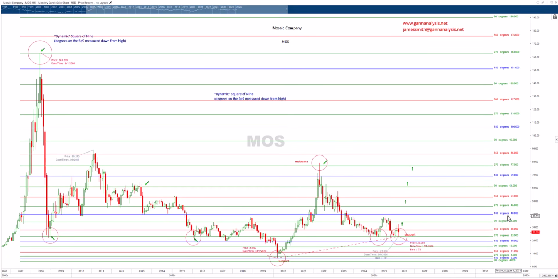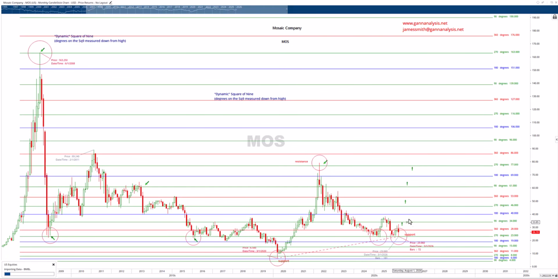So whether you're talking price or time, it's a cycle of completion. And to go from, say, 23 to 46, you would definitely be looking for resistance here. And then also the next 270 at 77, you'd be looking for resistance here, because that would be 720 degrees up from low. And it would also be maybe a double top here at 77.